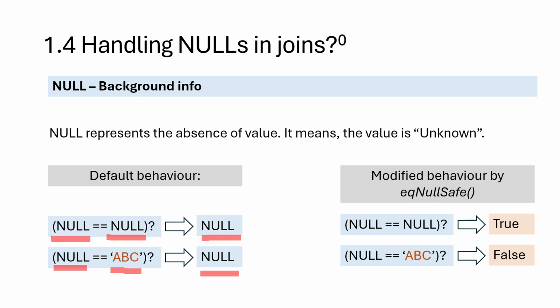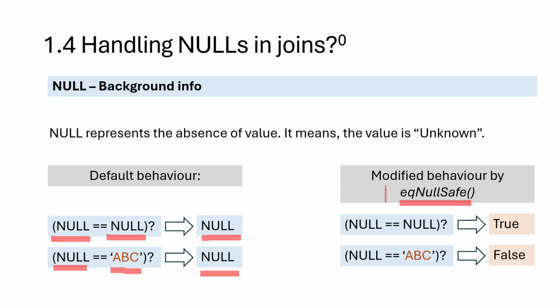However, this default behavior can be modified. For that, we can use PySpark function equal null safe. We will see this function in action in a few moments. For now, let us understand the changes in behavior that this equal null safe function can bring in.